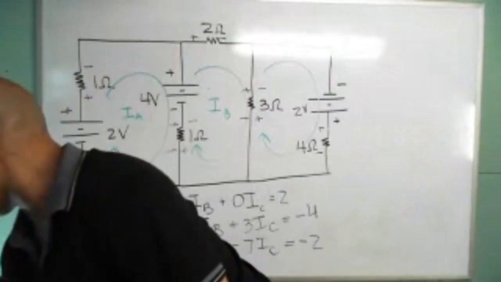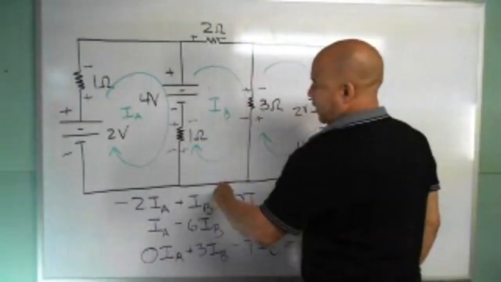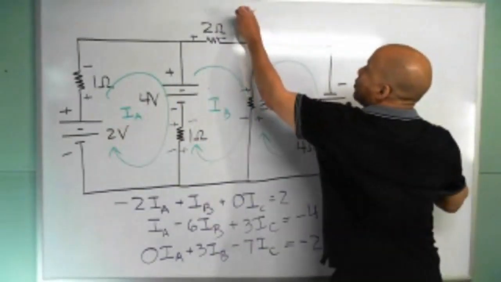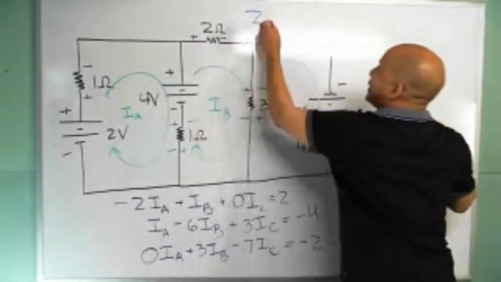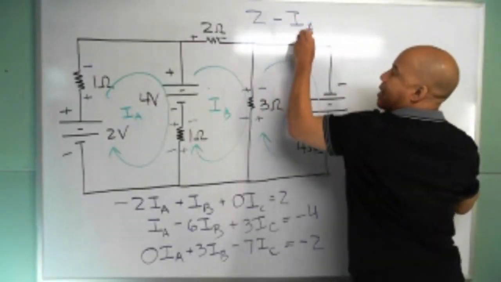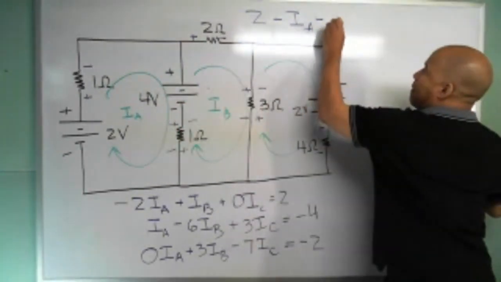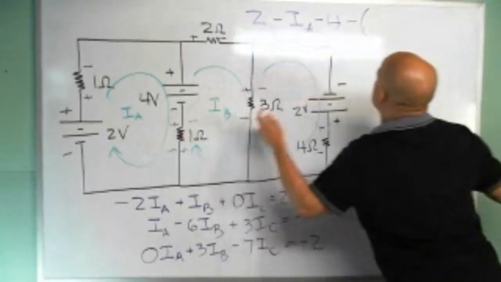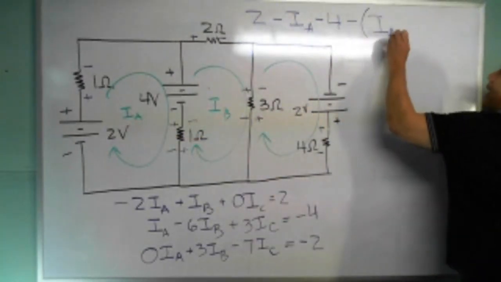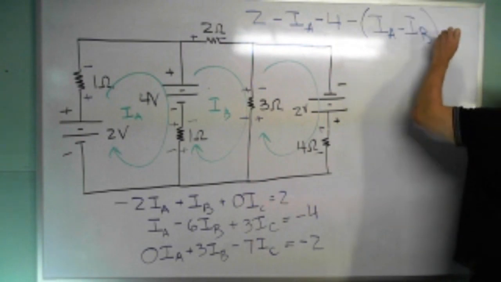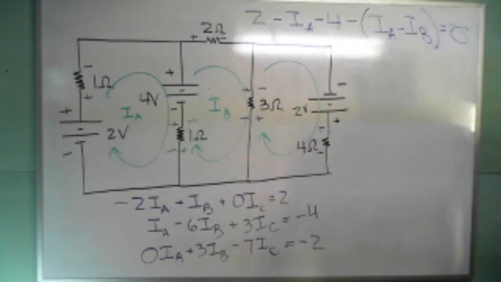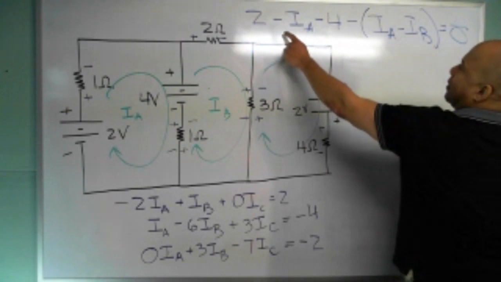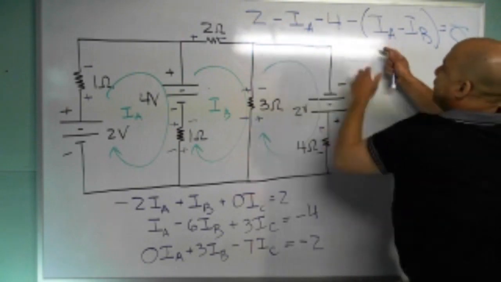So for that first equation, let me redo it, and we'll see if I get the same thing again. What I got for the first equation was right here, we had a 2, and then we got a minus IA, then we got a minus 4, and then right here we got a minus. I'm in the IA window, so it's minus IA minus IB, and all that's got to equal 0. So that looks like the equation for the first one. And then if I work it out, I got a minus IA here and a minus IA there.